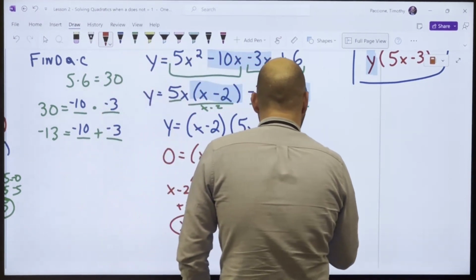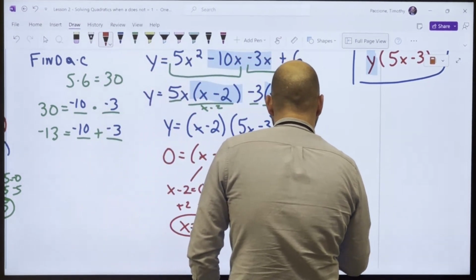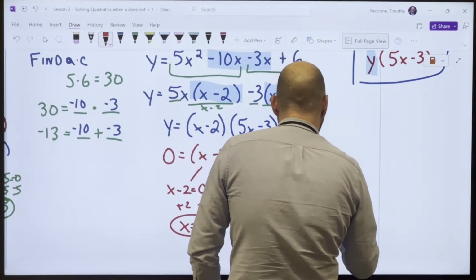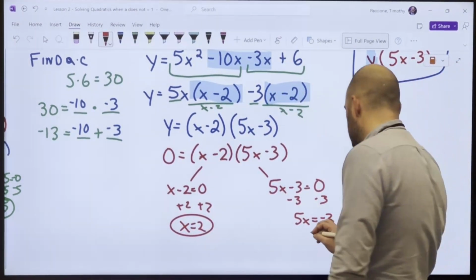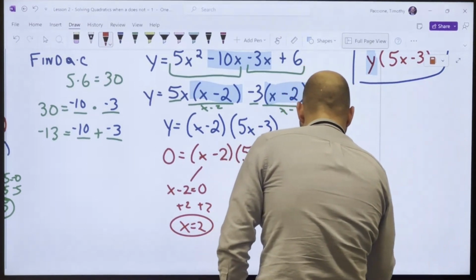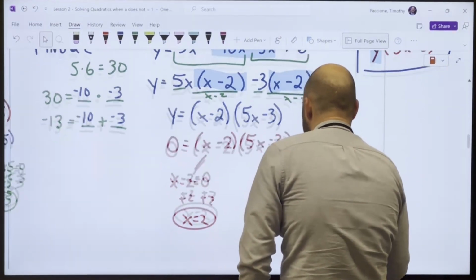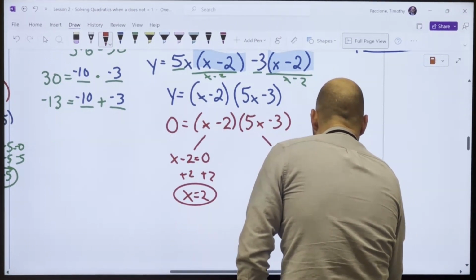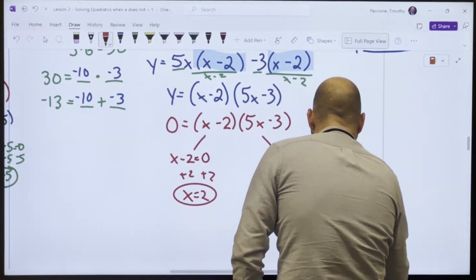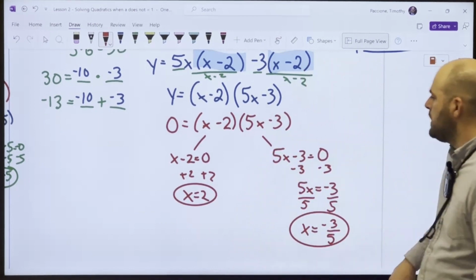And then this one, plus 3, 5x equals 3, right? Divide both sides by 5, and I get x equals 3/5.